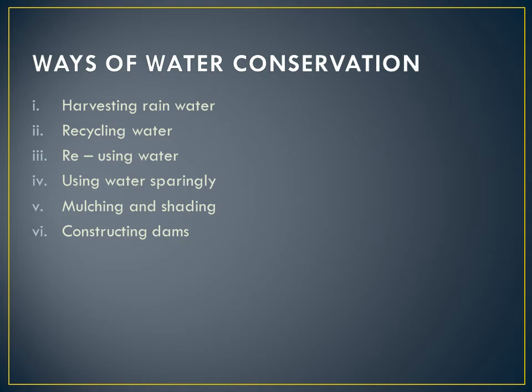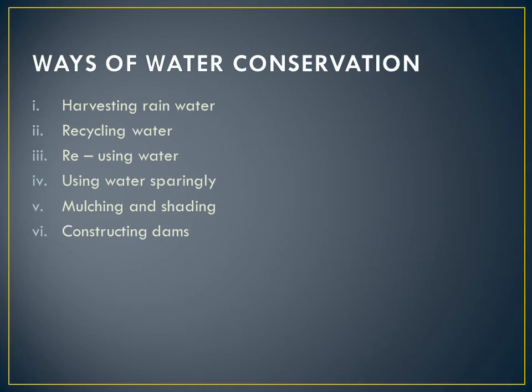Sewage is treated in a sewage treatment plant. The plant where sewage is treated is also known as sewage farm. Pupils, water is also recycled in factories to reduce water bills and to avoid wastage.